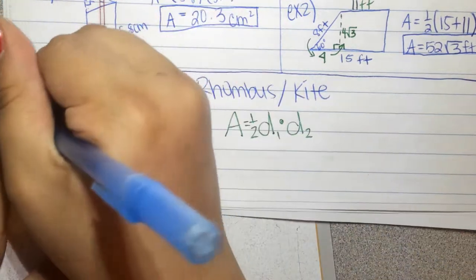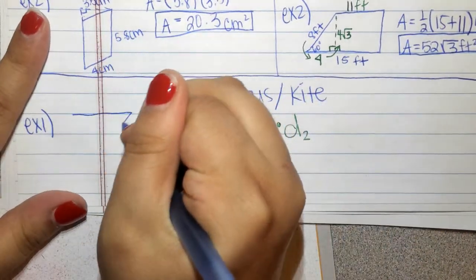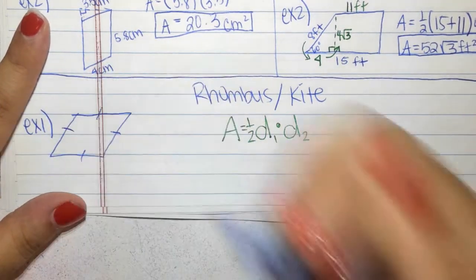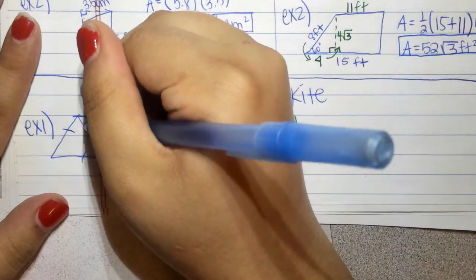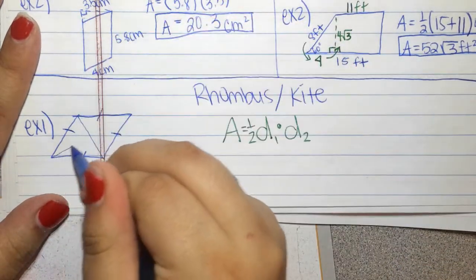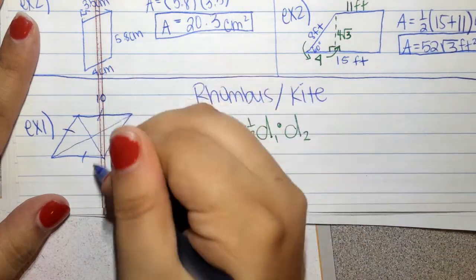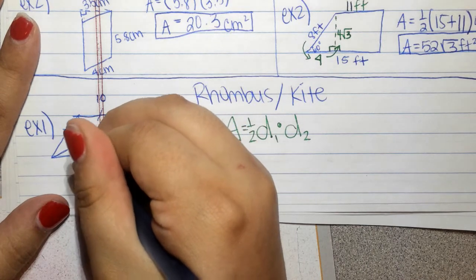So over here I'm going to do my rhombus example. And I'm going to tell you that this is 10 and this is 6.